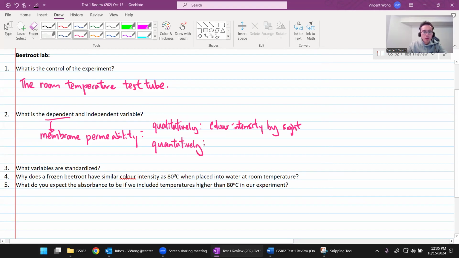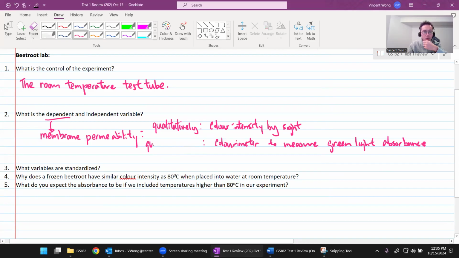Quantitatively, which means we are using the colorimeter, right, to measure green light absorbance. Okay. Sorry, I think I spelled quantitative wrong here.